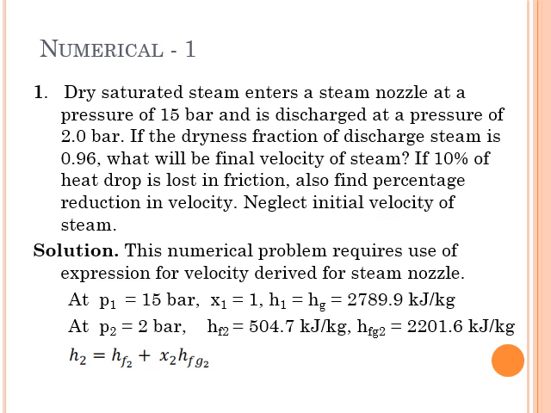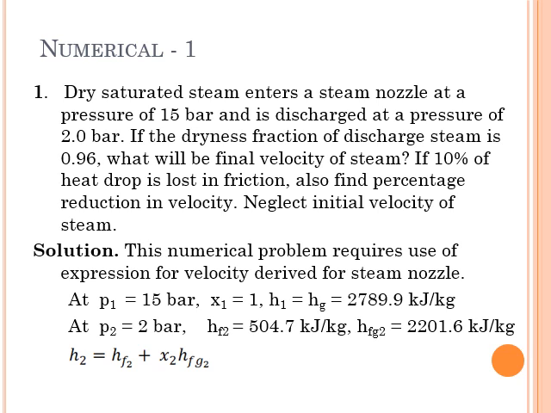Now solution. This numerical problem requires use of expression for velocity derived for steam nozzle. We must remember that the velocity requires use of enthalpy values. So the first step will be to find out enthalpy values at pressure at the entrance P1 and pressure at the exit P2.